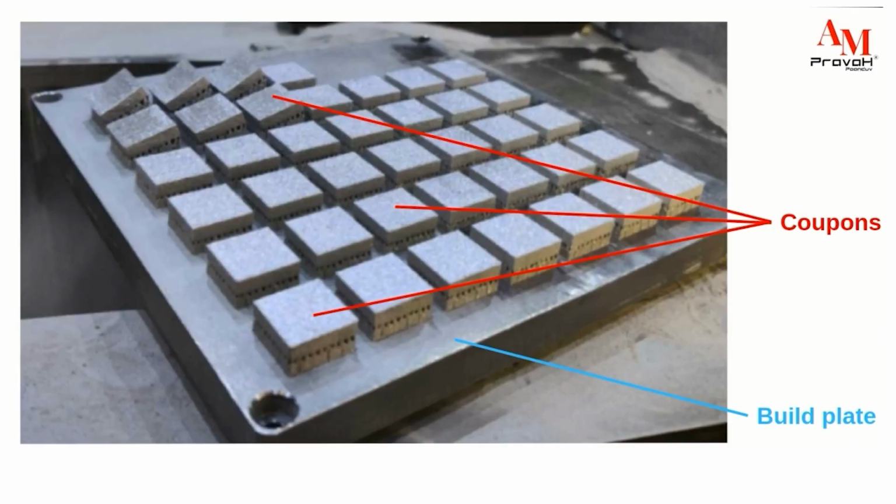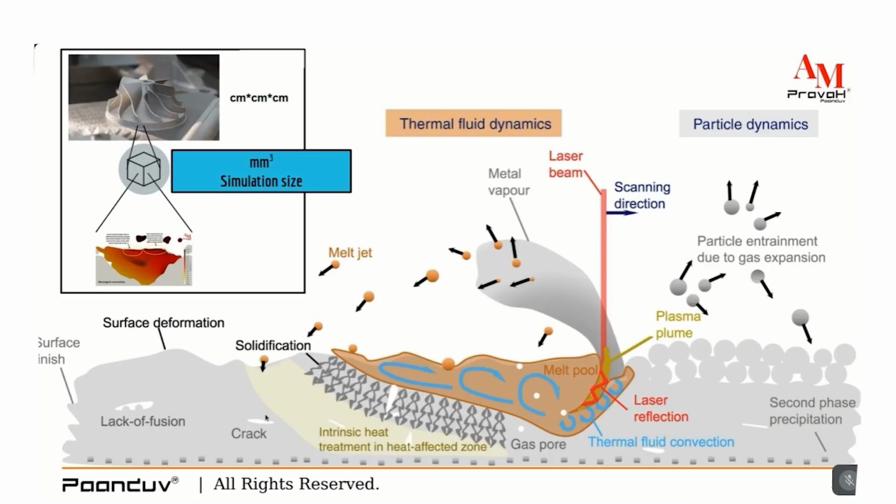Now, when these coupons are created, a very fundamental phenomenon or building block of these coupons is melt pool dynamics. At a very microscopic level, when the laser hits the powder bed, the metal absorbs the heat from this laser, and by absorbing the heat, the phase transition happens from solid to melting.